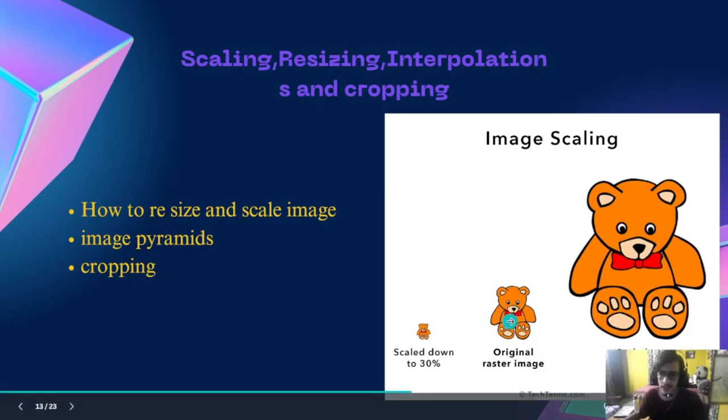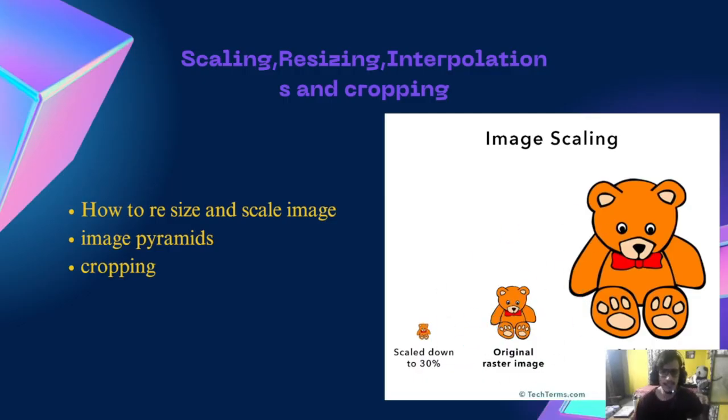This is the scaling of an image: the original image, 30% down and 300% up, but its quality is the same because its aspect ratio is the same. In rescaling, our aspect ratio will always be the same, but when we are resizing the image, I will show you.